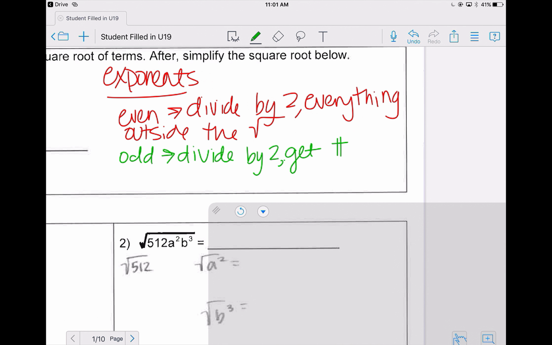We will get a number 0.5, and the 0.5 will be there every time. The number goes outside, and then we leave one letter inside the square root.